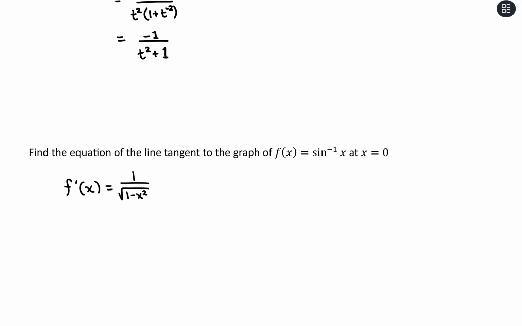Okay, and again with the equation of the tangent line, we're looking to fit y equals mx plus b. And we need to evaluate the derivative at 0 so that we can get the slope out. So this is giving us our slope, 1 over root 1 minus 0 squared. So we're going to have a slope of 1.